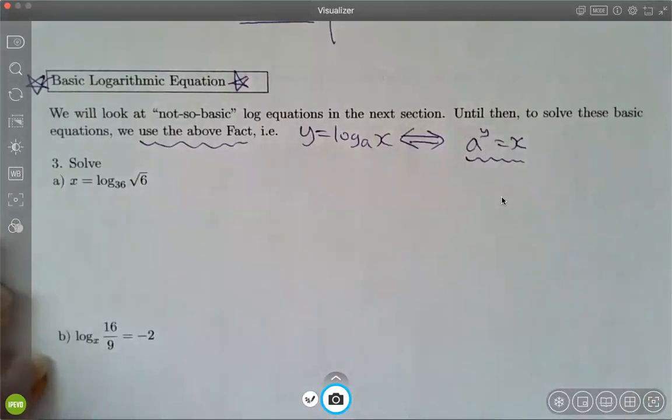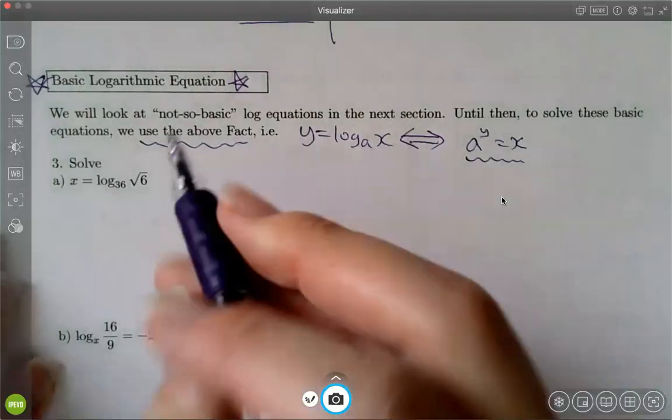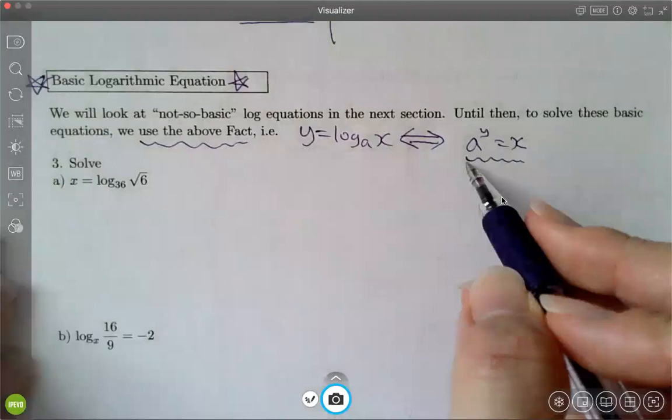Number 3, part A: x is equal to log base 36 of square root of 6. Now please don't say, oh yeah, x is isolated, so that's the answer. Well, yeah, but now you have to simplify that right-hand side. So now let's try to convert this whole thing into exponential form.